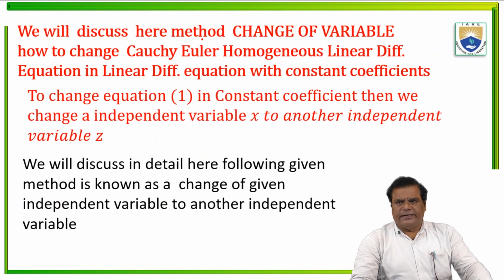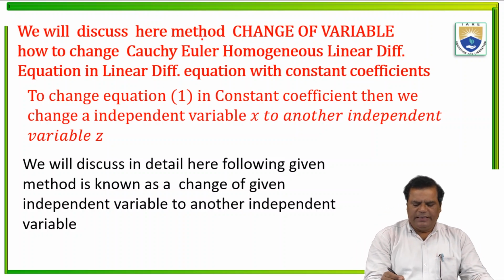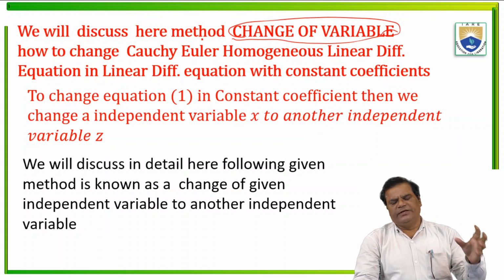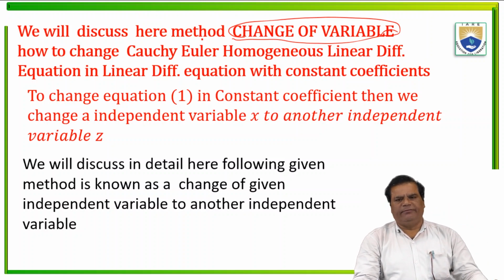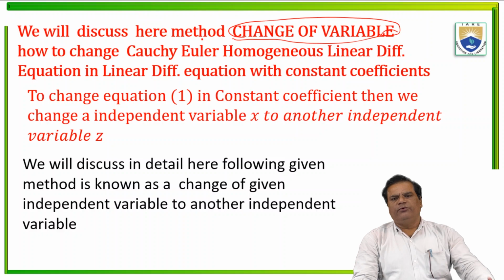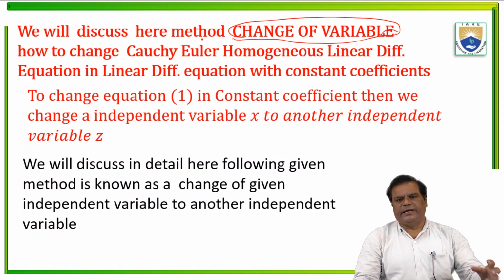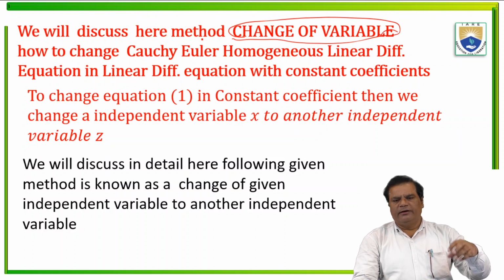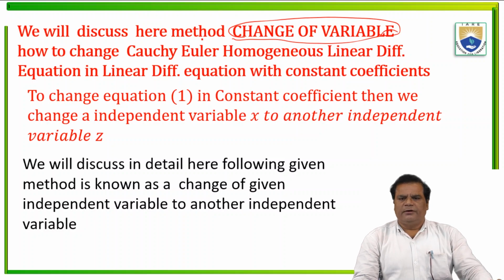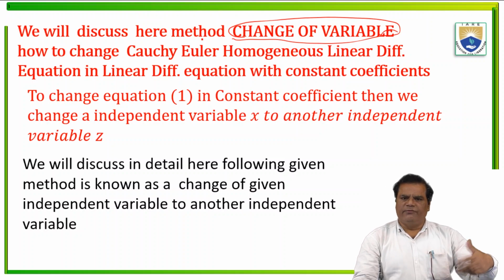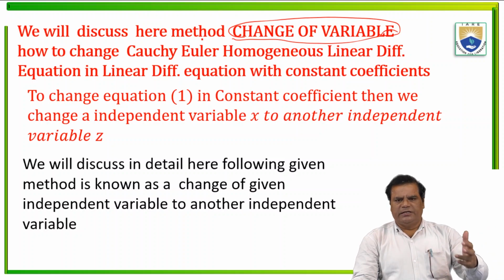We will discuss here the method of change of variable. In our differential equation, x is the independent variable, but now we convert this independent variable x to another independent variable, suppose z. When we change the independent variable x to z in the given Cauchy Euler homogeneous linear differential equation, it converts into a linear differential equation with constant coefficients. How can we change this?